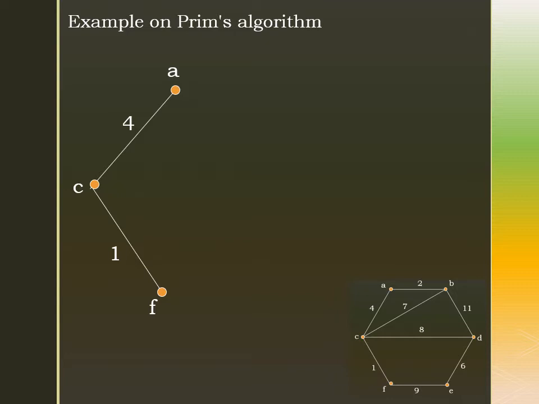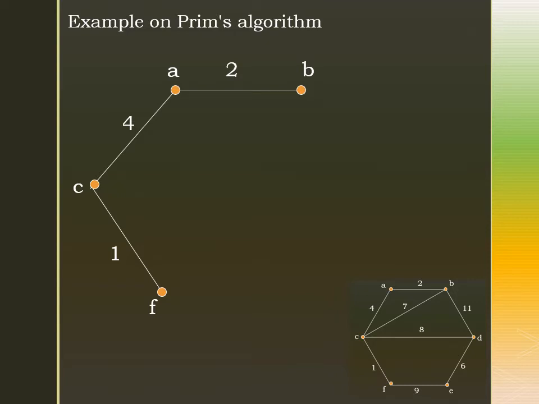Now we consider the nodes A, C and F and try to find the nearest node from any of the three nodes. We can find node B, which is nearest to node A, with the edge AB having minimum weight 2.